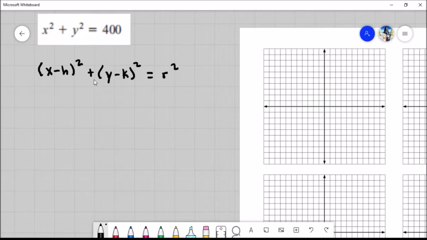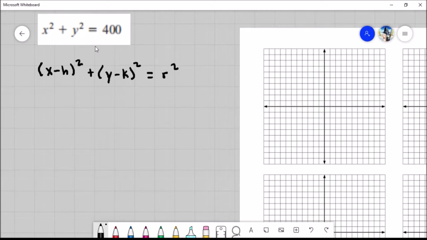label our radius. From the general equation for our circle, we see the radius is r squared, so it's going to be some value squared. Now, if we look at our equation, the 400 is whatever the radius is squared. So we need to find what number squared gives me 400, or simply put, take the square root of 400.